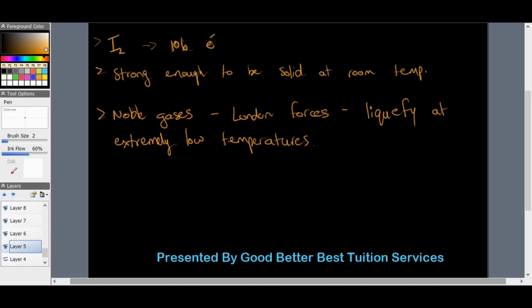But because London forces are weak, they are broken relatively easily. So this is the weakest of the van der Waals forces. What we're going to get to next is the strongest intermolecular force that does exist, and that is known as hydrogen bonding.